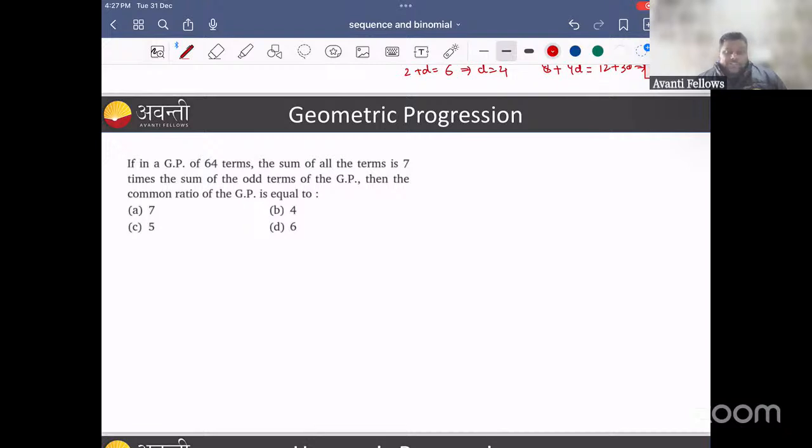Then the common ratio of the GP is equal to. Madhukar, anything? All right, nobody.